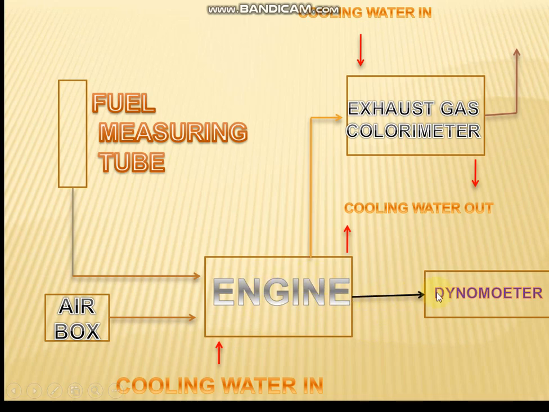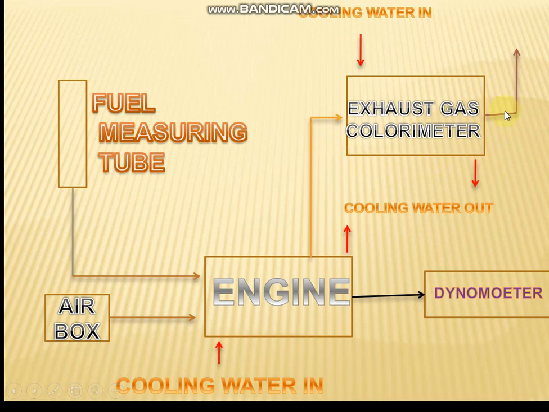And for how much power this engine produces, you can use any dynamometer. Here we can measure the brake power. Engine gases are at a very high temperature, so to find the heat exhausted to the atmosphere we can use an exhaust gas calorimeter. It is a cross flow heat exchanger in which there is cooling water in, cooling water out, and exhaust gases in, exhaust gases out.